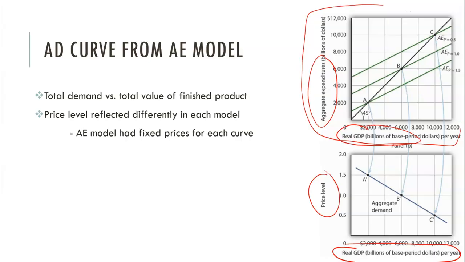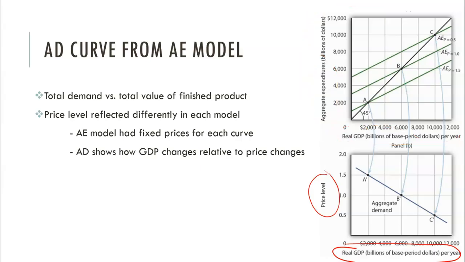And so what the aggregate demand model does is it takes that and shows how GDP changes relative to the price level. Anytime we have a shift in our curve, let's draw our aggregate expenditures model at a price of 1.5, find that equilibrium point for the economy.